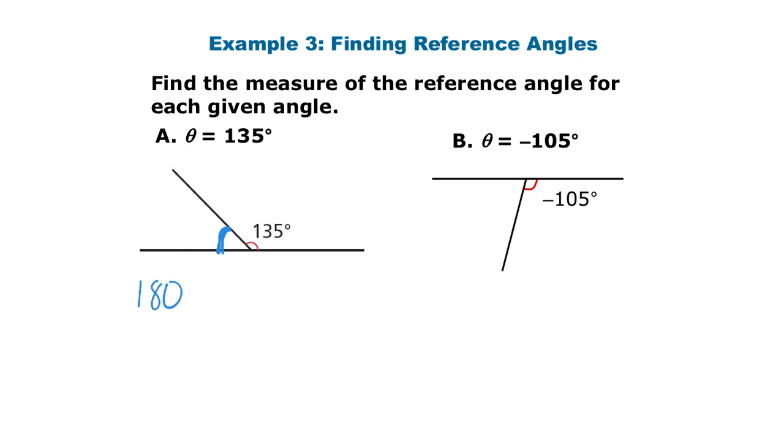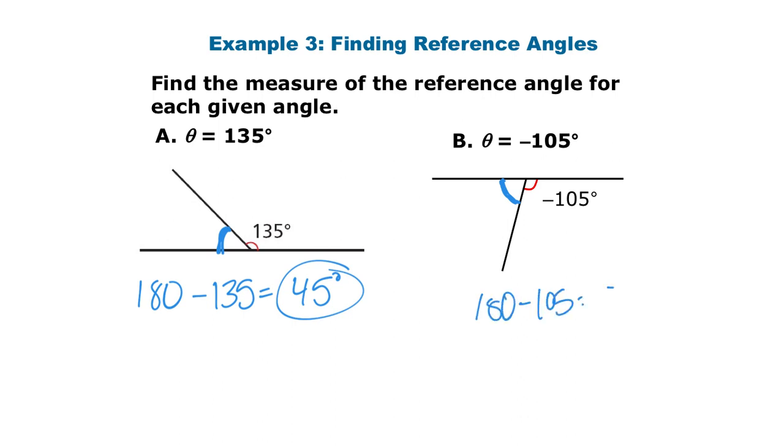And so I know that straight across there is 180, so I would just subtract, and I would see that this is a 45 degree angle. In B, the reference angle is going to be right here. And again, straight across is 180, and I'm going to subtract off that 105. And so I'm going to see that this is a 75 degree angle. And reference angles, we're always going to write as being positive.